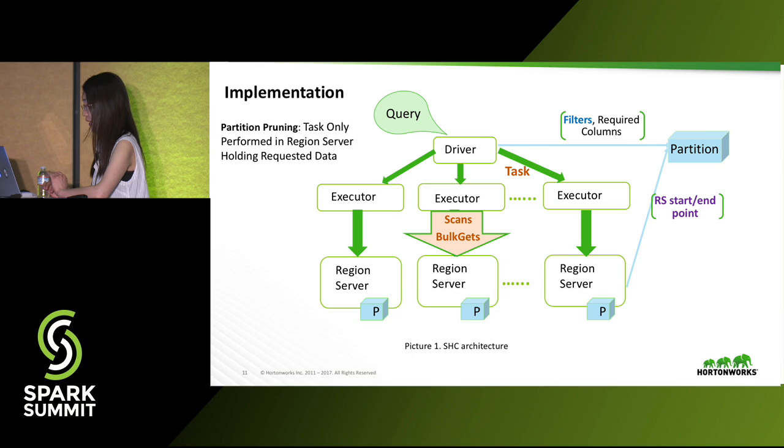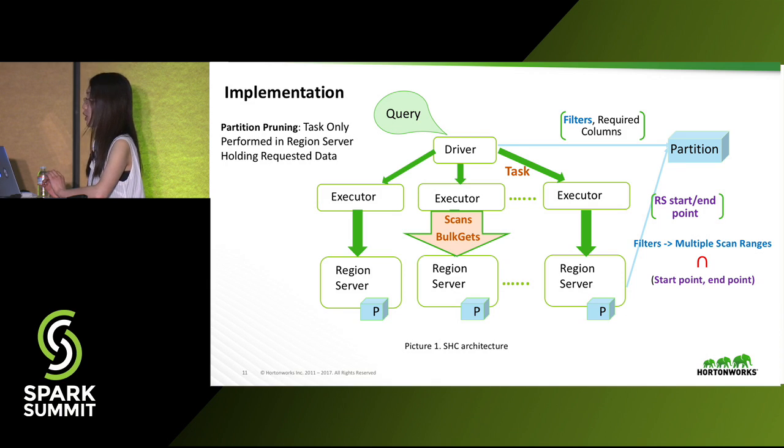From the query, we can split the filters into multiple ranges. On the HBase side, each region has a start point and end point. Then we can do an intersection with the regions' and region servers' start points and end points. And then we can know if there is required data for a specific region server, and which scan ranges fall into this region server.